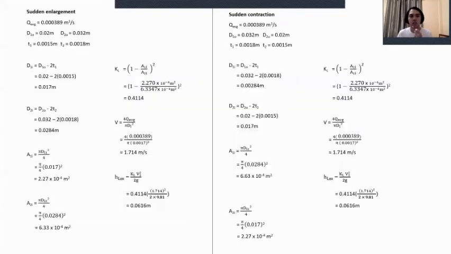Next is the discussion. The first question of the discussion is to calculate the value of the loss coefficient and the HLM of the pipe.